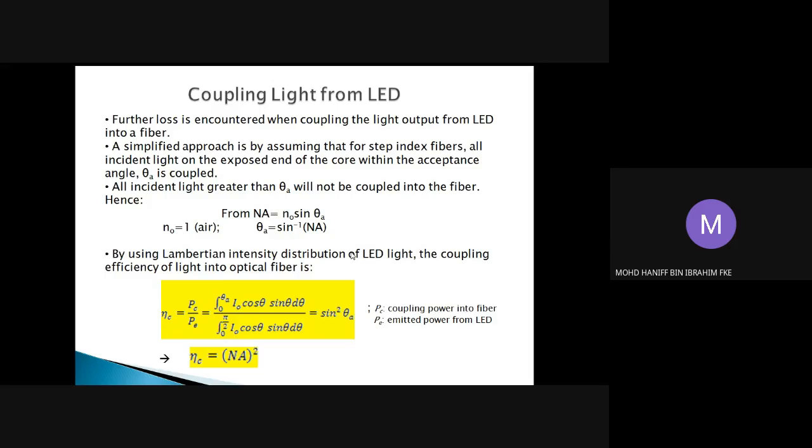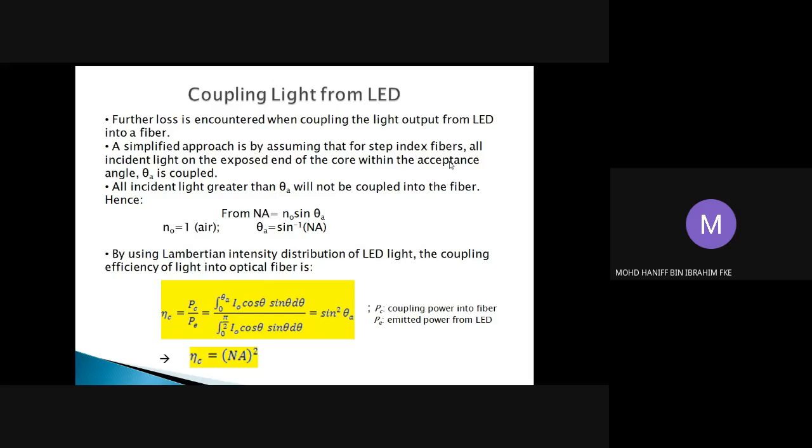By assuming step index fibers, all incident light on the exposed end of the fiber core within the acceptance angle theta A is coupled.